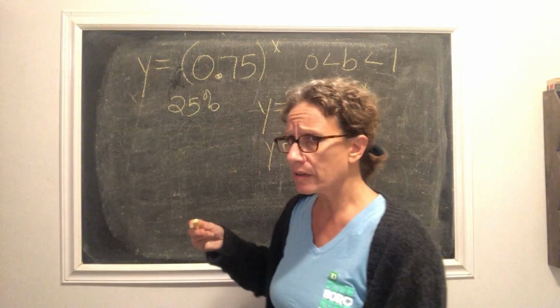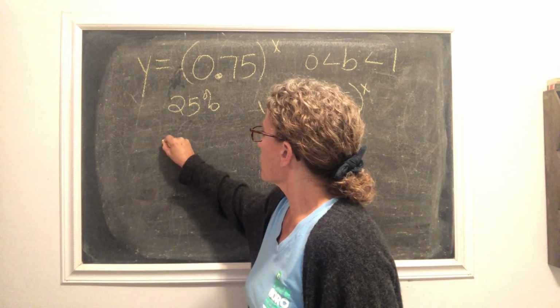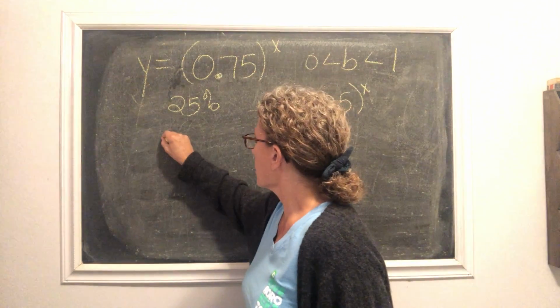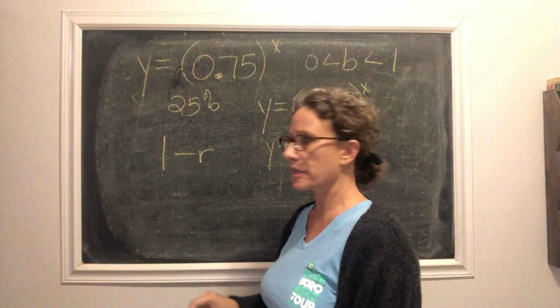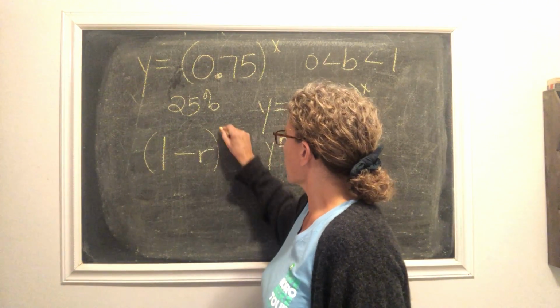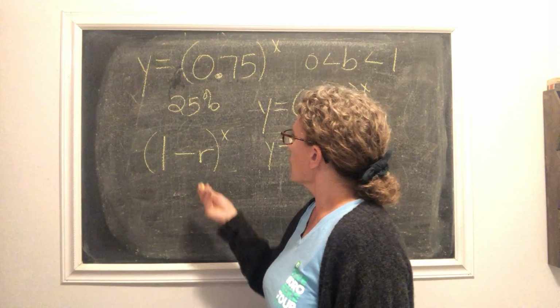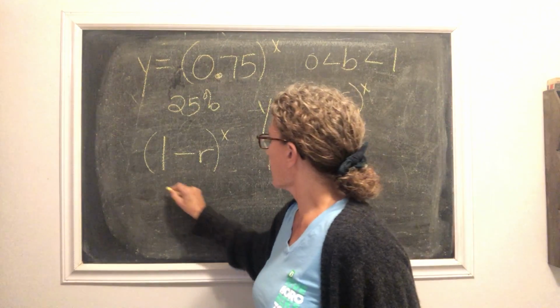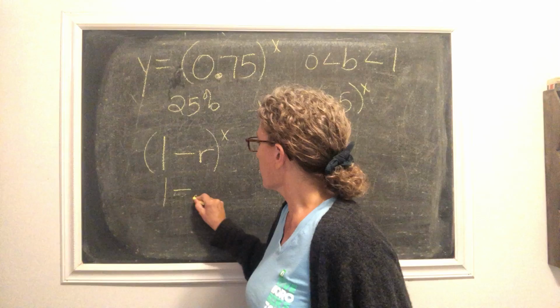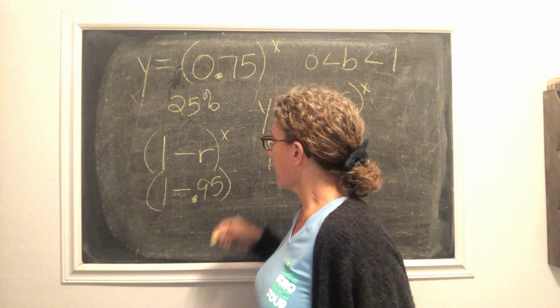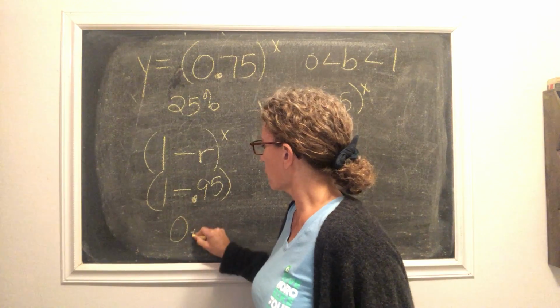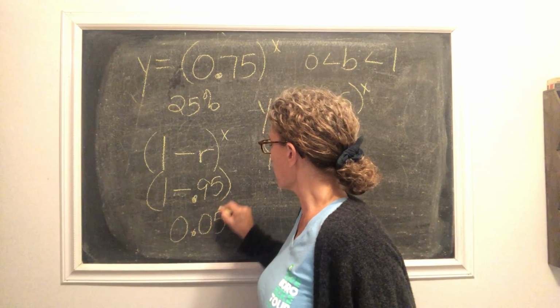So basically, the decay factor comes from 1 minus the rate of the decay, and that's going to be raised to the x power. So if it's decreasing by 95% or 0.95, 1 minus 0.95 is 0.05.